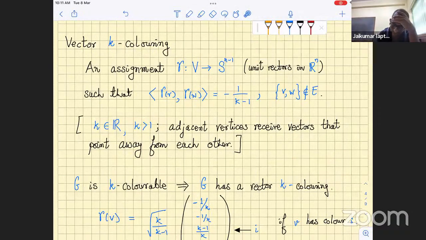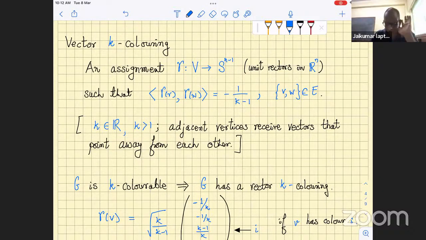So when we do this coloring, we work in the complement graph. So adjacent vertices should be assigned colors which are pointing in opposite directions. Have I confused everybody? So the coloring, we work on the coloring for the complement graph.